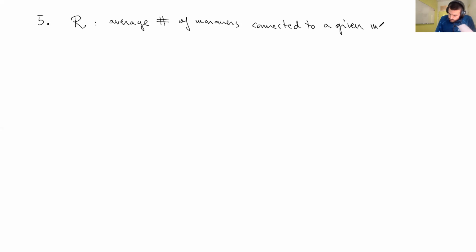Okay. Through one of its neighboring. Okay. It's also specified. So let me just draw it. It will be simpler. I have my network.